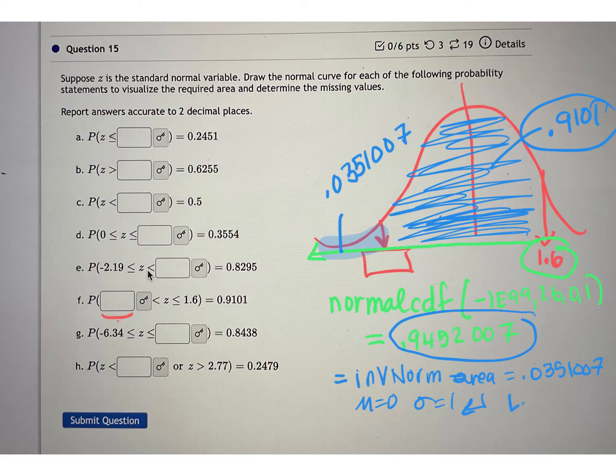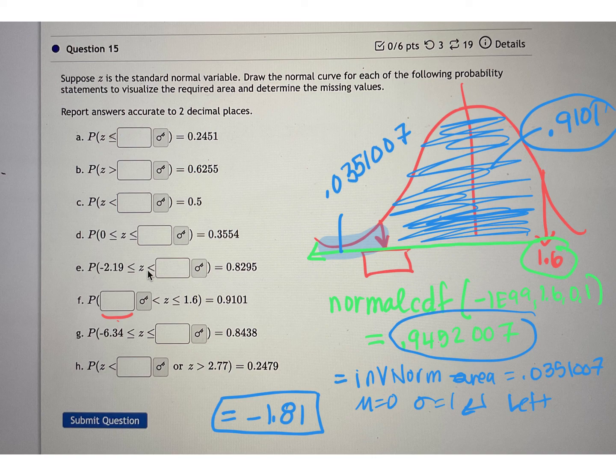Again, I'm looking at the left tail. And this is going to give me -1.81.